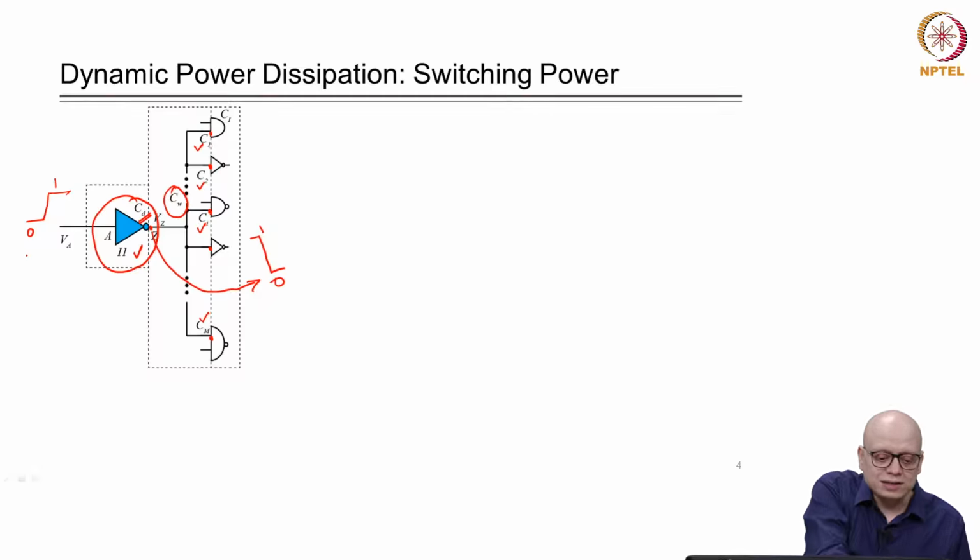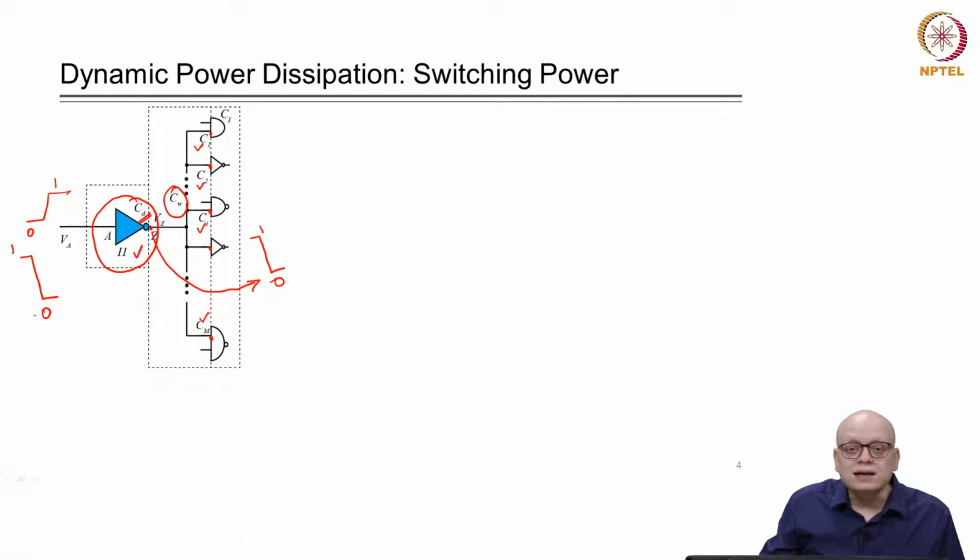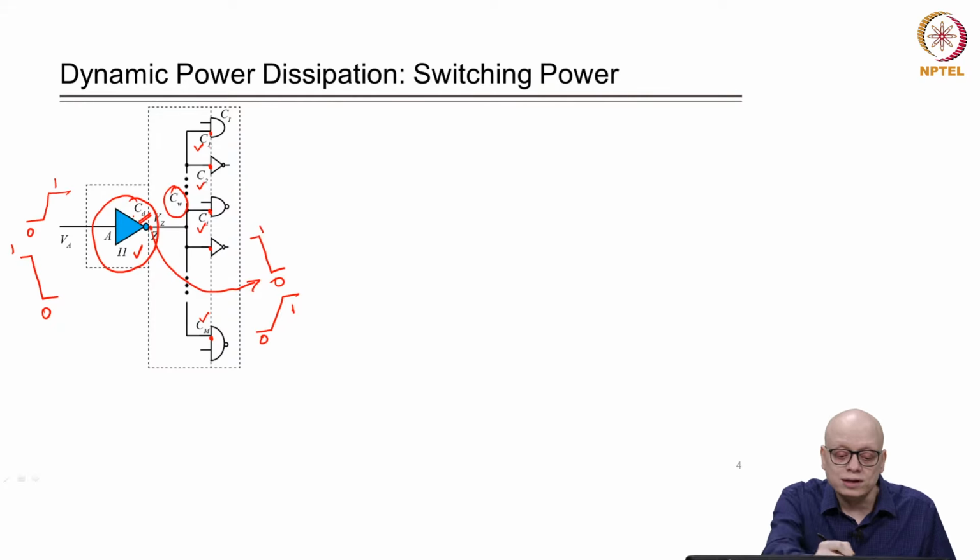And if the transition at the input is from 1 to 0, then the output will transition from 0 to 1, right. So, in this case, all these capacitances CD, Cw and all the pin load capacitances will be charged to VDD, right.